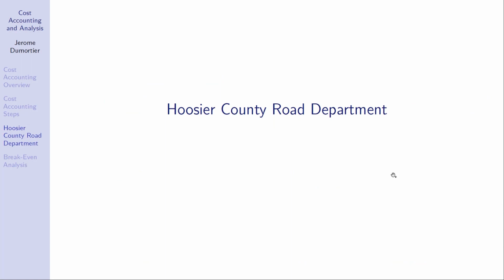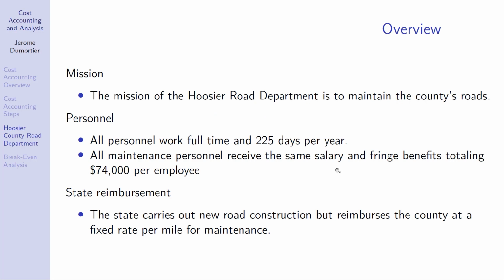Now note that the Hoosier County Road Department is covered in a different video, but I'm giving you the introduction here of what we mean by cost allocation or cost accounting based on the steps we have just seen. Consider the Hoosier County Road Department, whose mission is to maintain the county's roads. Note that all personnel work full-time, and there are 225 days per year.